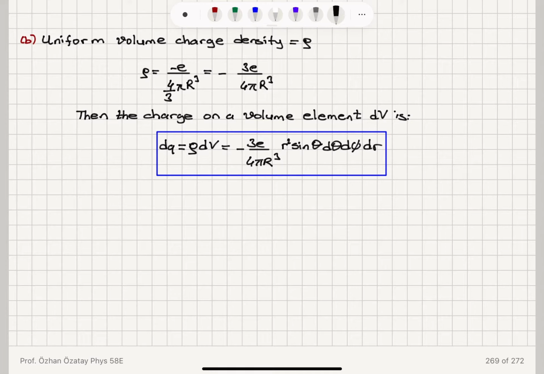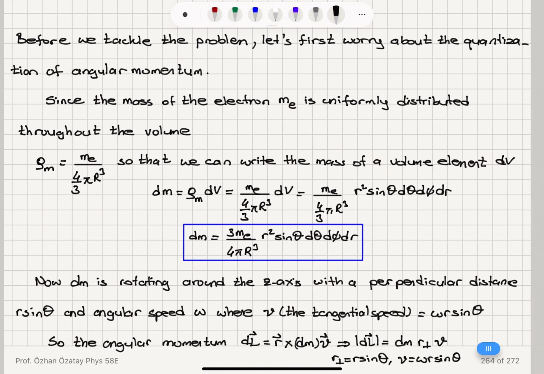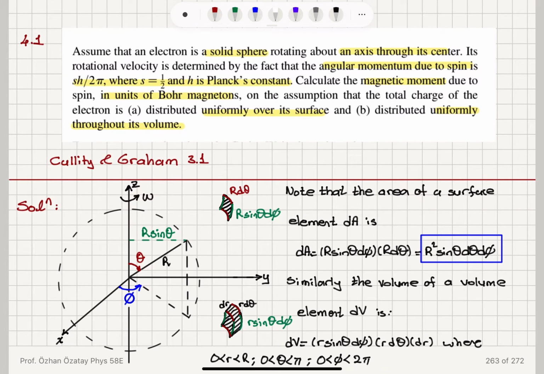Now the tangential speed we have for this volume element with charge dq will be equal to 2 pi r sine theta divided by the period. So this volume element is rotating.